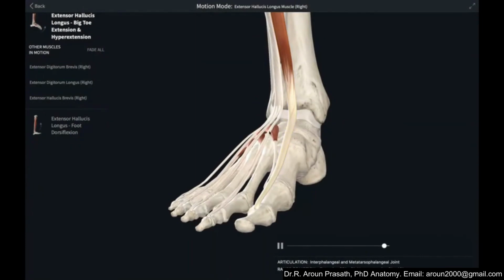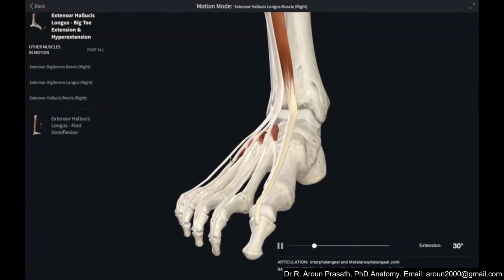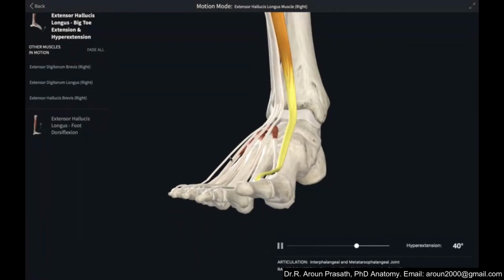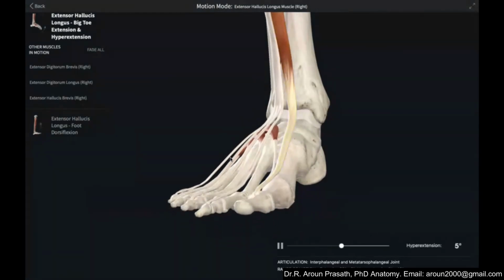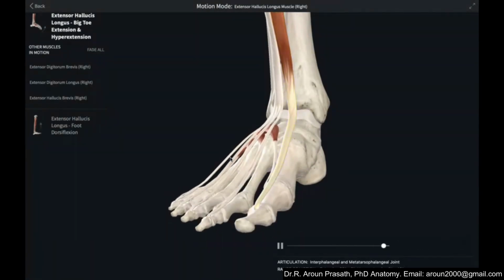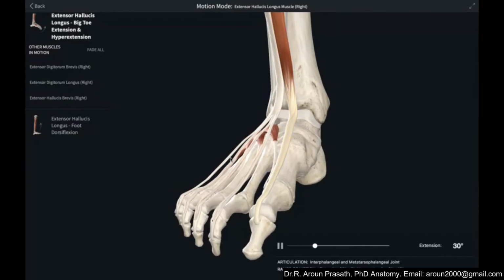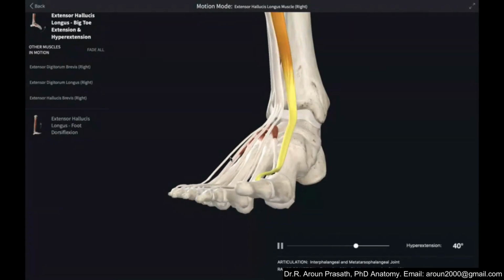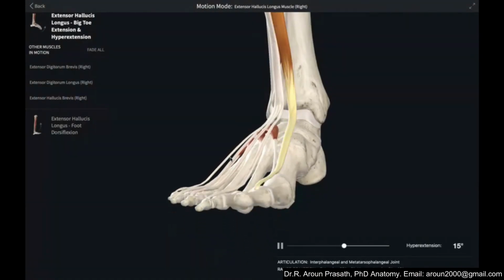Why am I telling you about all these tendons passing here? Because, students, this kind of tendon arrangement is the same in the hand also. People come to your clinic with cut injuries, like lacerations in the skin of the hand or the foot. Before you suture the skin laceration, you need to check whether all these tendons are intact or not.